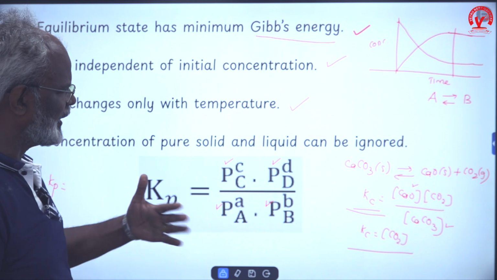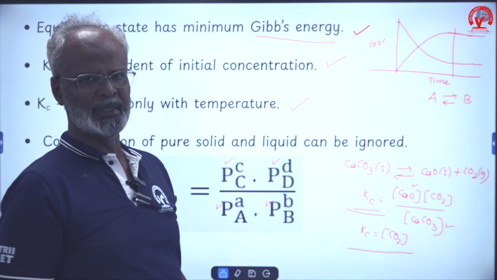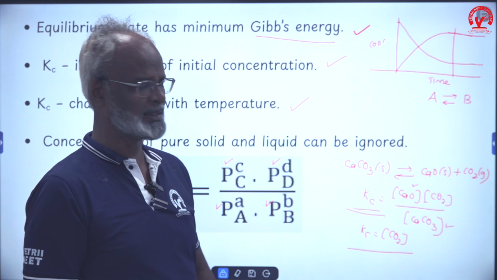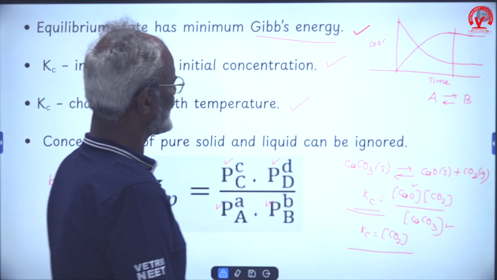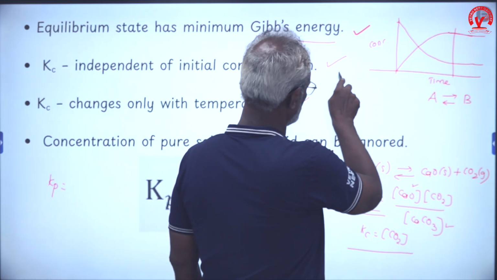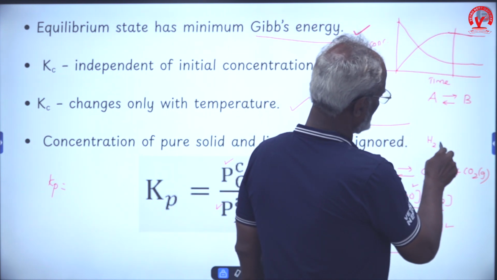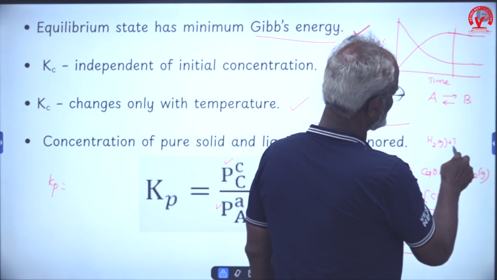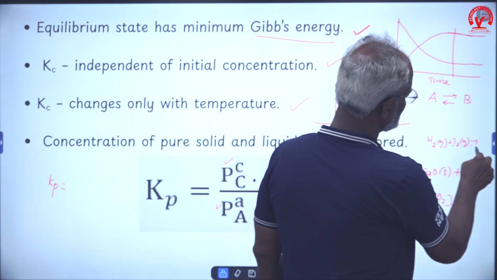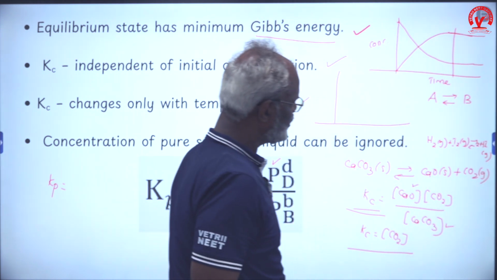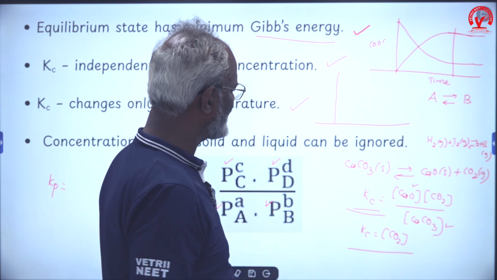Similarly, I have told you that equilibrium reactions can be started from either side, from the reactants or the products. I take another example: H2 gas plus I2 gas reversibly giving 2HI. Say we start from the reactant side.